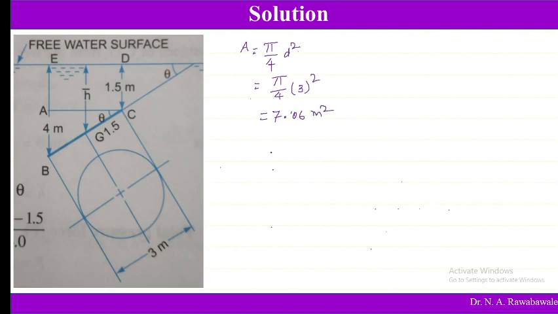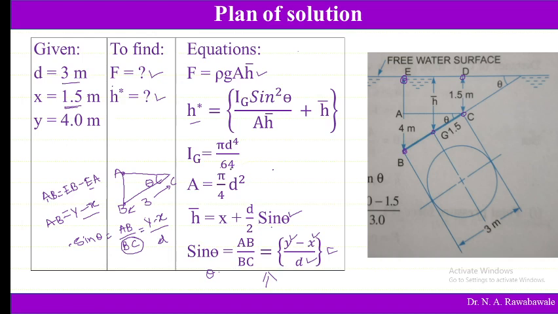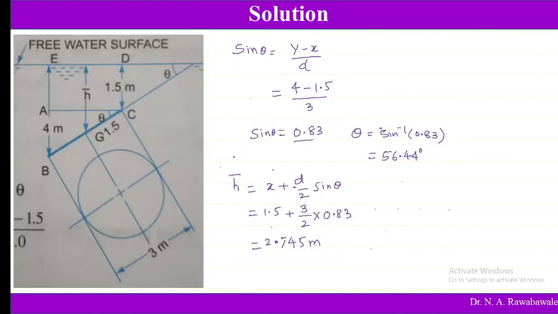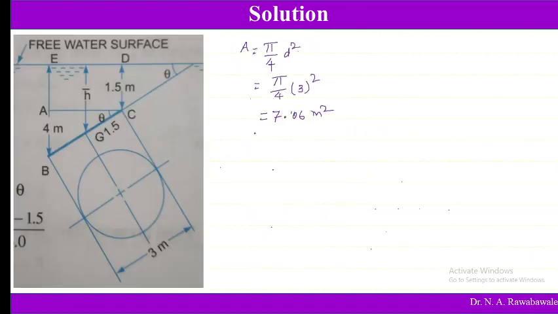This is the area. Then we have to find Ig, the moment of inertia for a circle, which is pi by 64 d to the power of 4.